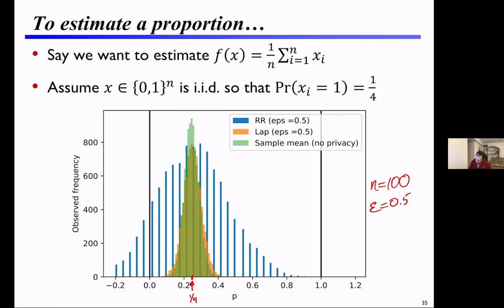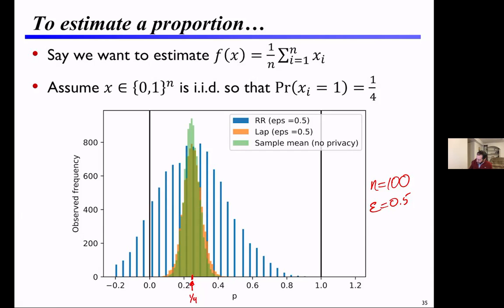It's kind of the discretization, the fact that the bars have spaces between them, that's due to the fact that there are only 100 possible different estimates you can produce using randomized response. And so you don't get a smooth distribution, you get these spaces. But we see some interesting things. First of all, with randomized response, you're adding way more noise.